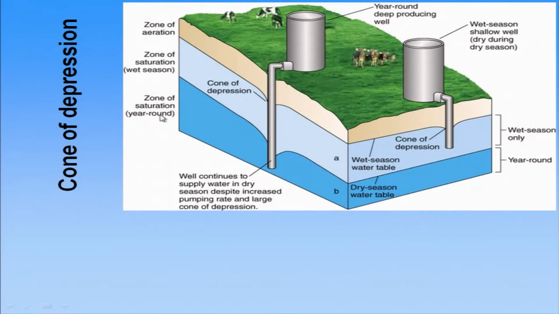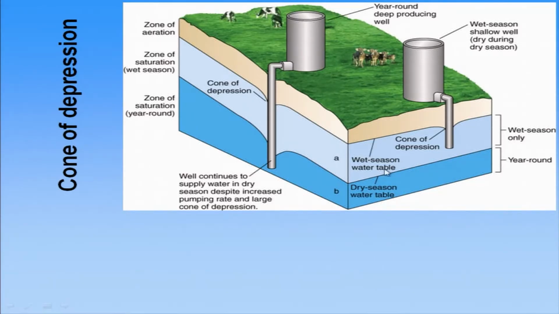This is the level of groundwater which will remain round the year, but during the wet seasons the zone of saturation will increase and will continue to supply water in the dry season, despite increased pumping rate, and a large cone of depression is formed.